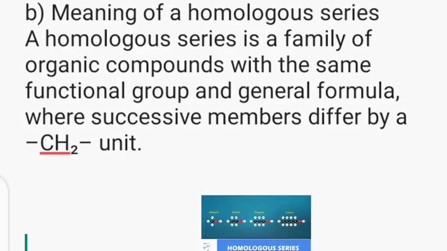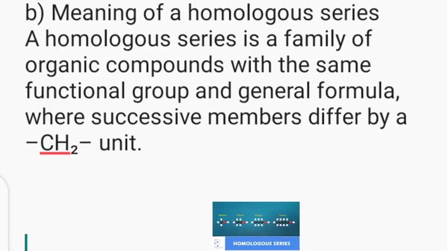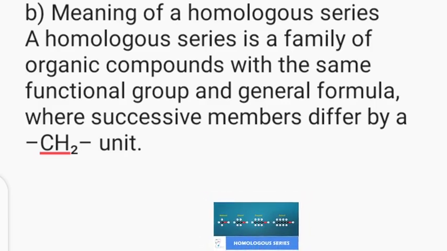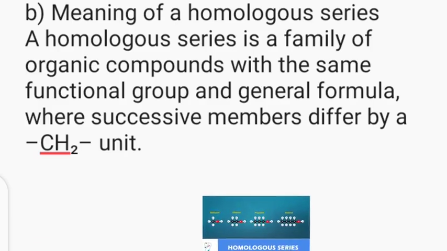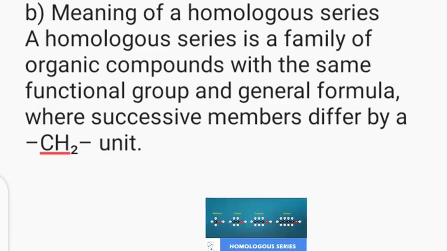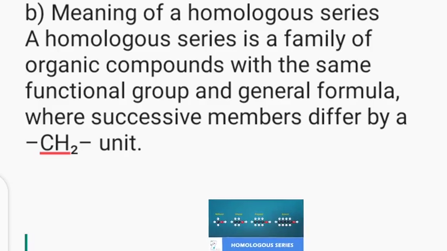CH2. It means that the alkanes have a homologous series, and every member of the alkanes has the same group, so they have the same homologous series, like ethane, propane, butane, pentane, hexane. All of them are in the same homologous series because they belong to the same family group.